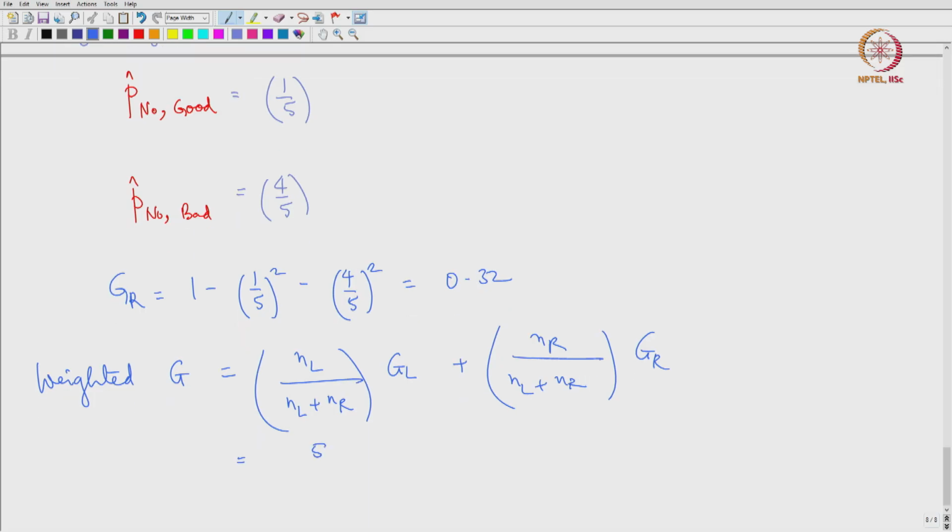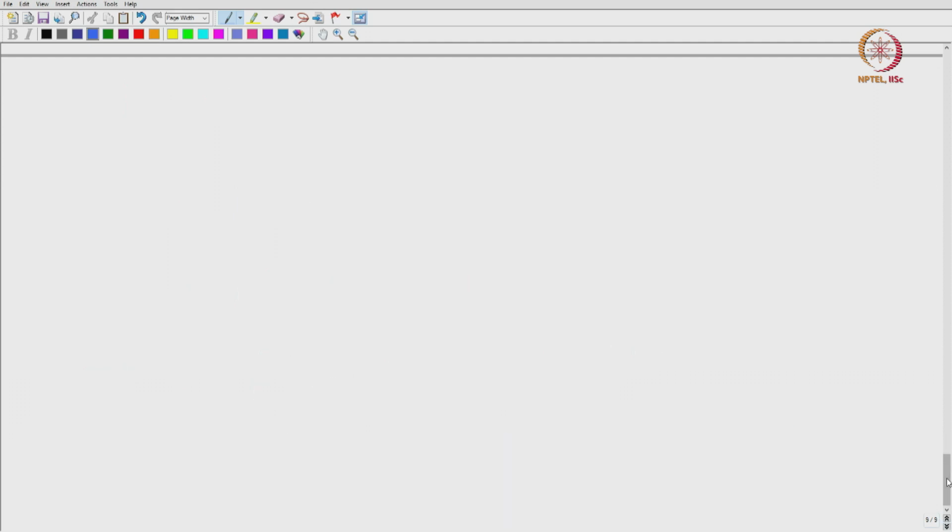So, this is just 5 divided by 10, G of L was 0.32 and G of R was also 0.32. So, this whole thing comes out to be 0.32. So, that is the G of the child nodes.